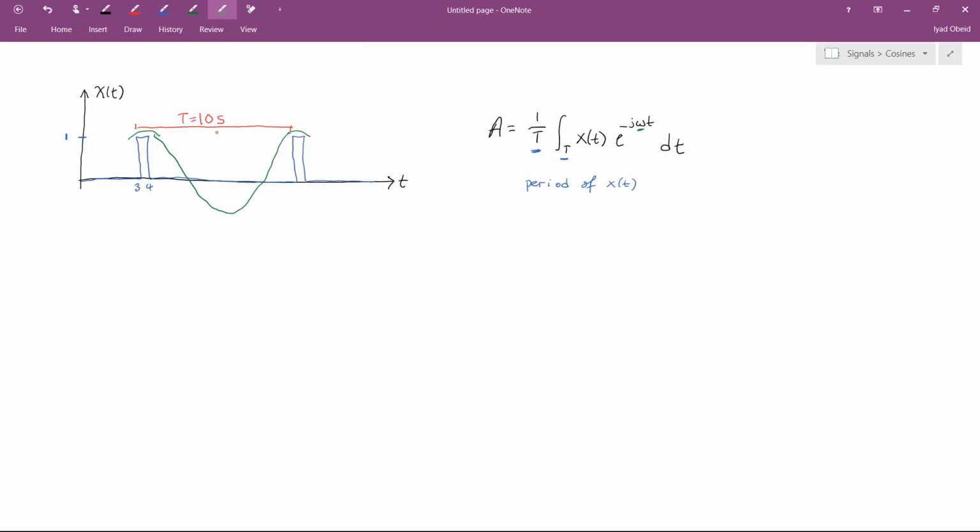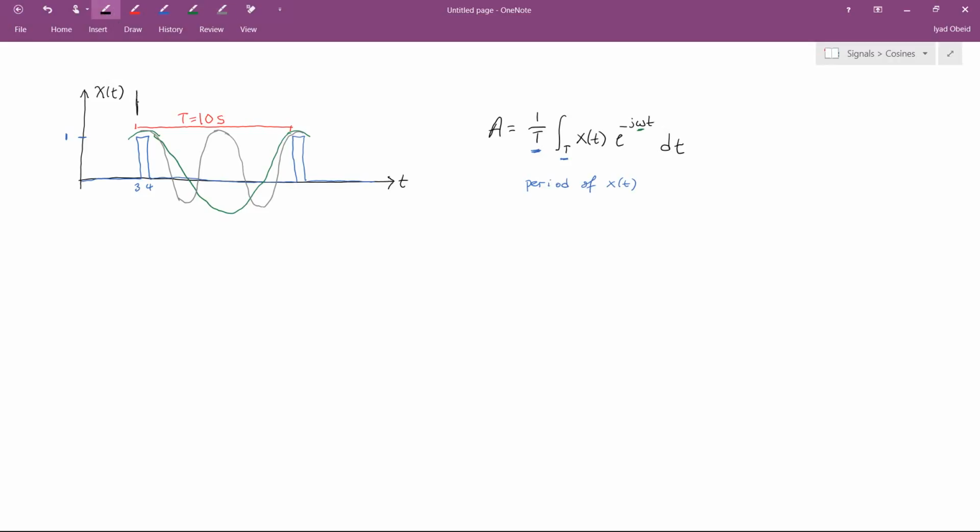However, I'm also willing to argue that there should be a cosine at double that frequency within x of t. The reason I want double the frequency is that because x of t is periodic, every 10 seconds, whatever cosines comprise x of t, all those cosines have to line up again.